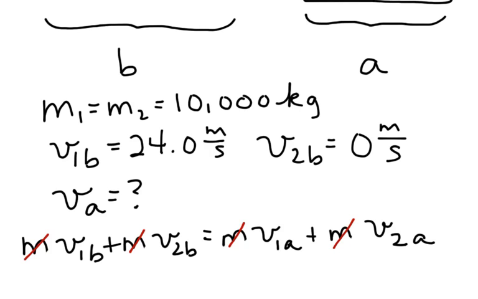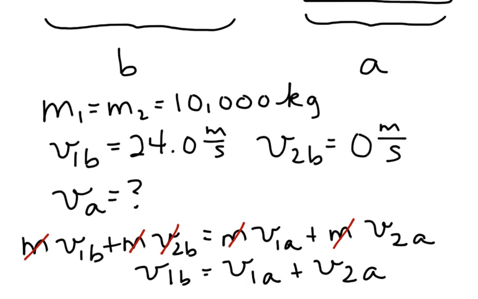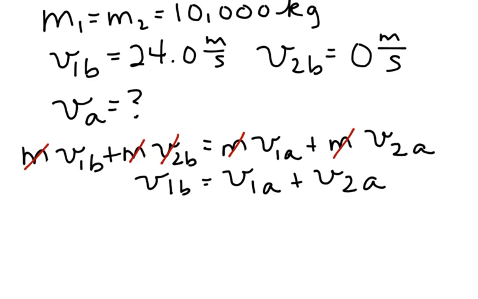Also, the velocity of the second object before the collision is 0 because it was at rest. So when we look at this equation, we have the velocity of the first object before is equal to the velocity of the first object after plus the velocity of the second object after. Now, the two railroad cars are stuck together after the collision, so their velocities after the collision are the same.